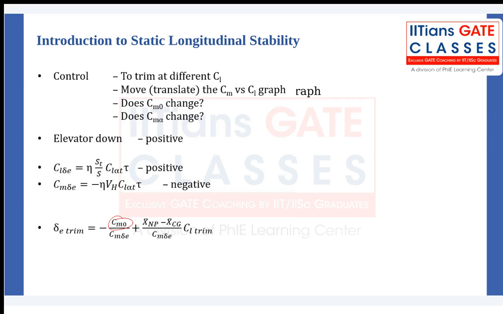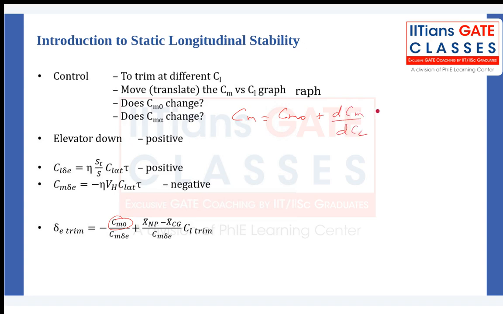Is there a relation between CM naught at alpha equal to 0 and CM naught at CL equal to 0? Yes, there is a relation between CL and alpha, so you can derive it using that relation. CM can be written as CM naught 1 plus dCM by dCL into CL.